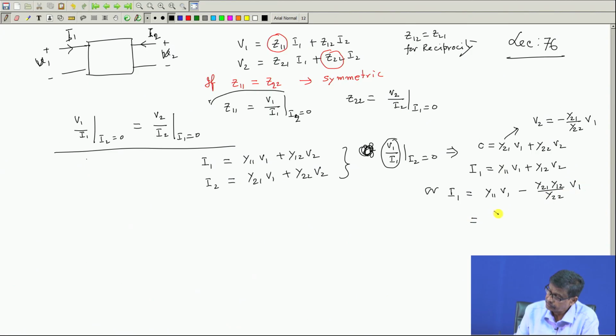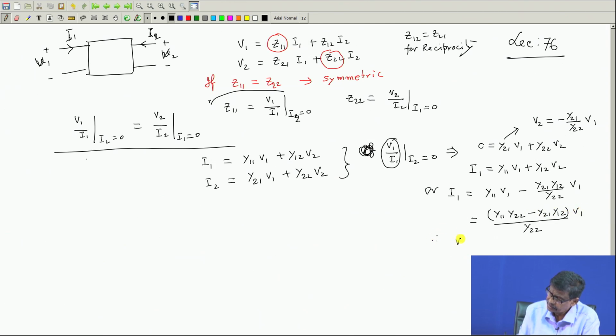This will be equal to (Y11 Y22 minus Y21 Y12) by Y22 into V1.